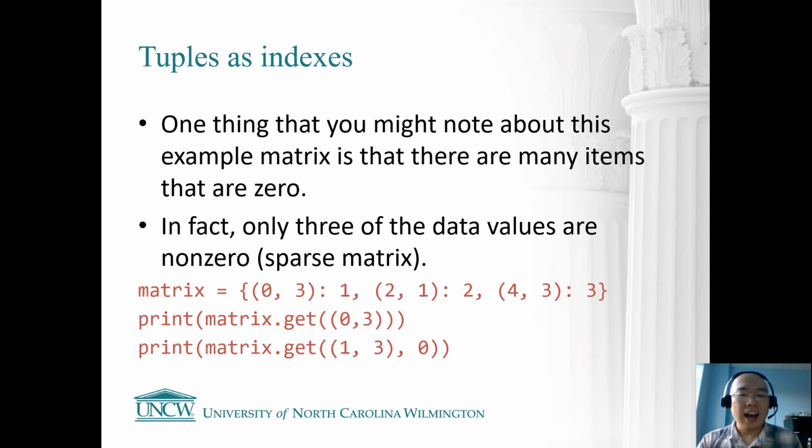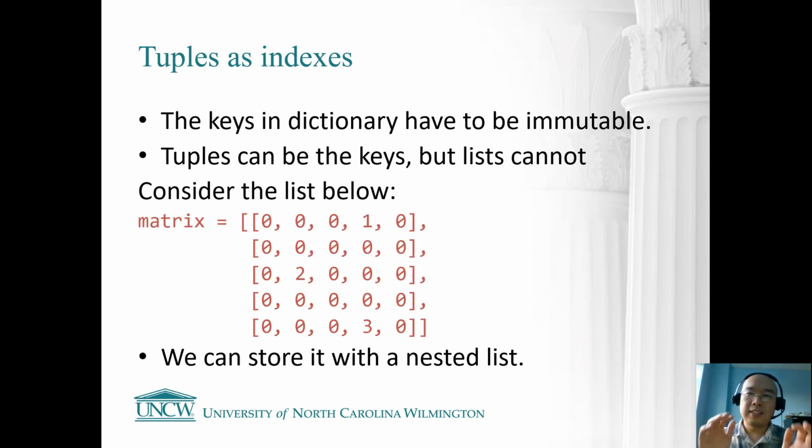Otherwise, I'm going to return a 0, saying if that xy coordinate is not recorded in my matrix, then this means there has to be a 0 there. Okay, so this is just a cool trick where we make use of tuples as the keys in the dictionary so that we can store such a sparse matrix in a dictionary.